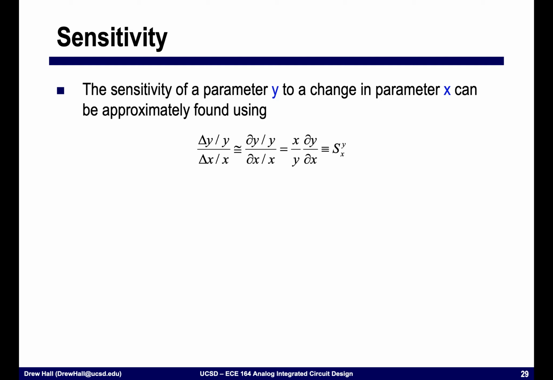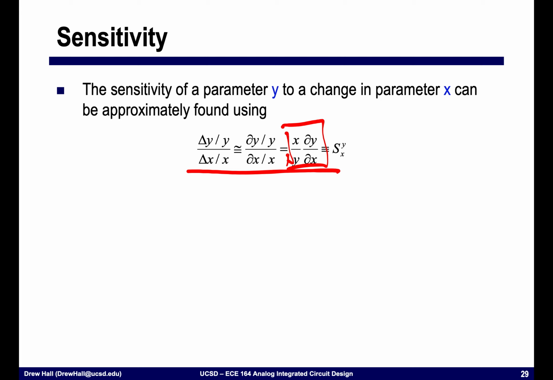The sensitivity of a parameter y to a change in a parameter x can be found using this expression, where we're essentially taking the derivative with respect to y divided by the derivative with respect to x. And if we simplify this, we simply get that it's equal to x divided by y times the partial derivative of y with respect to x.